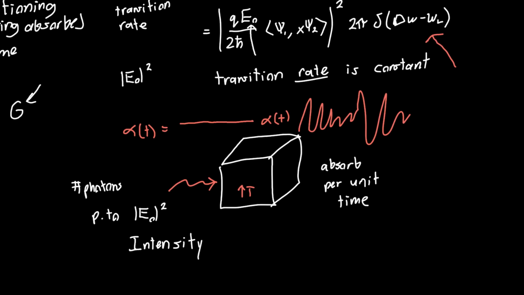So the intensity is just E naught squared divided by 2 times the wave impedance, but the absorption is proportional to the intensity, which we already knew. So we've actually recovered a lot of common sense in generating Fermi's golden rule.